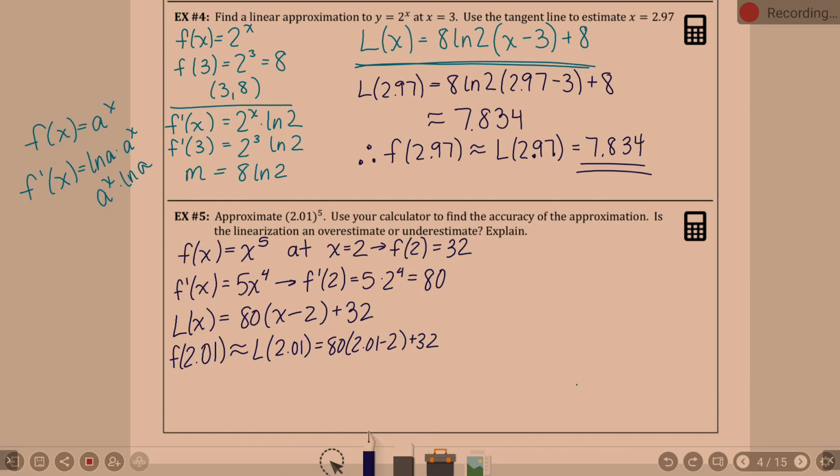I mean, I could do really most of that in my head. 2.01 minus 2 is going to be 0.01. I know, it says calculator, so by all means. 80 times 0.01, 0.8 plus 32, which is going to be 32.2.